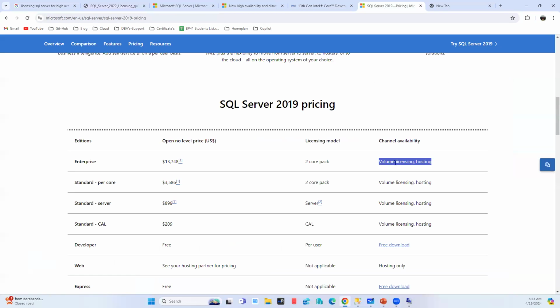And you know about the audit, right? Microsoft also sends third-party companies into the organization. They will check how you are using your licensing, whether you are misusing it, and all that.